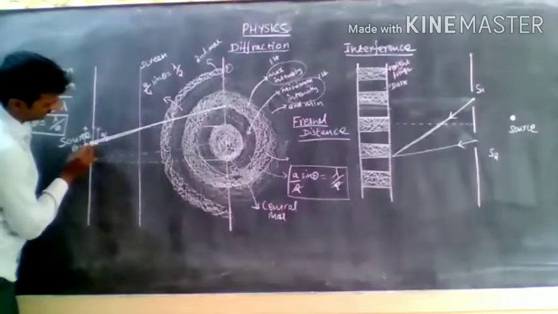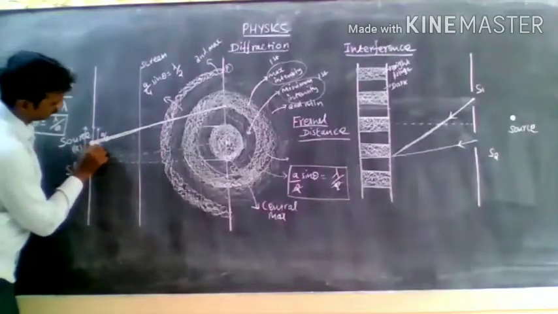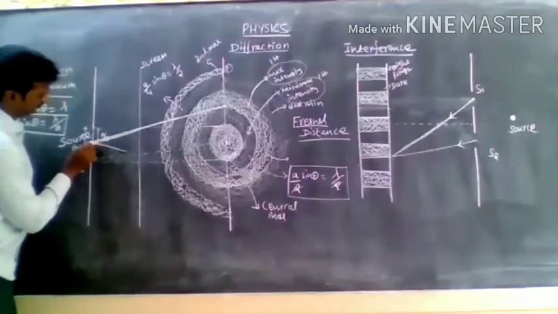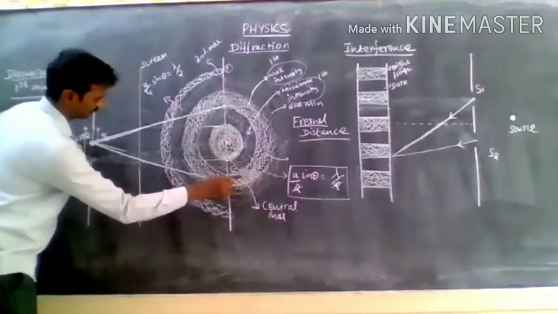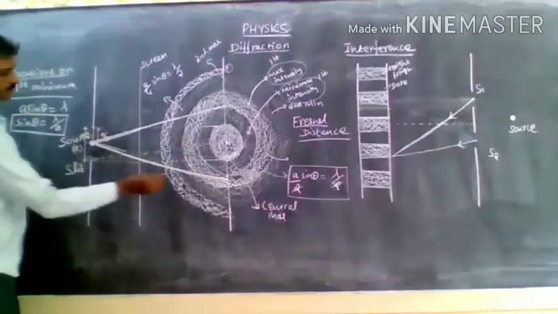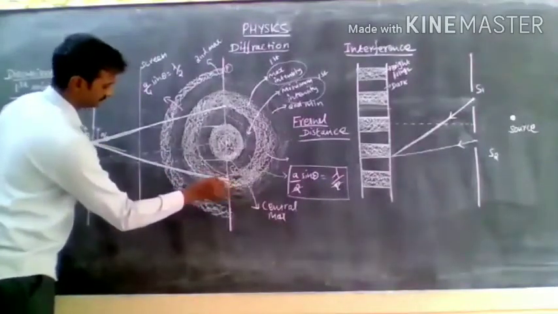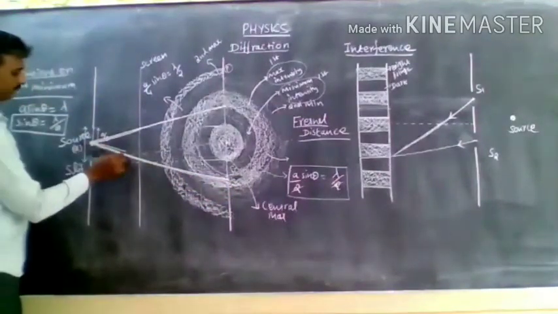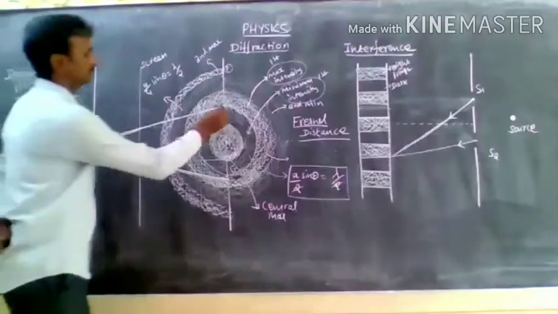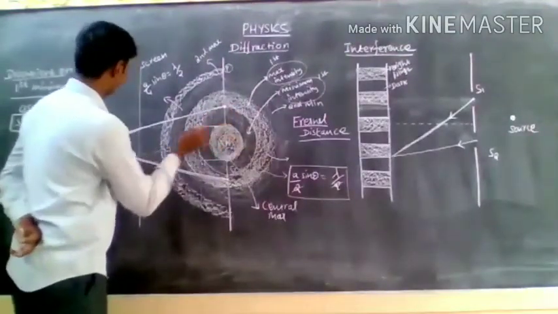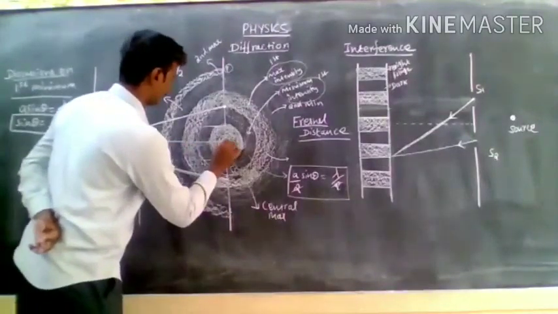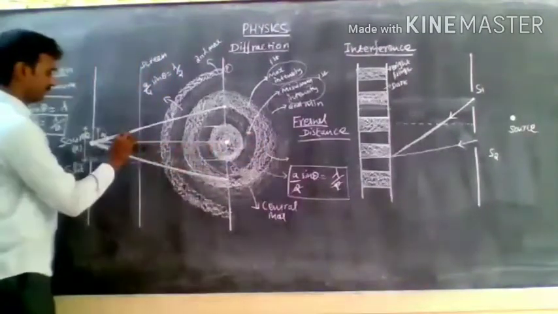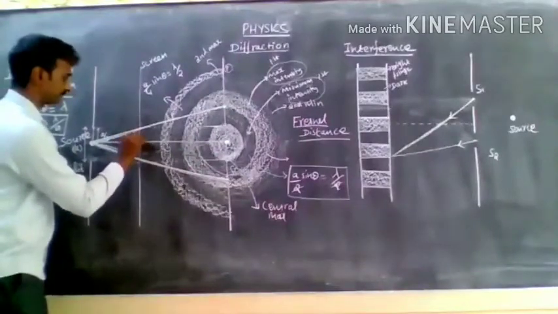Similarly, the bottom side. So this is the central maximum, and this is theta.